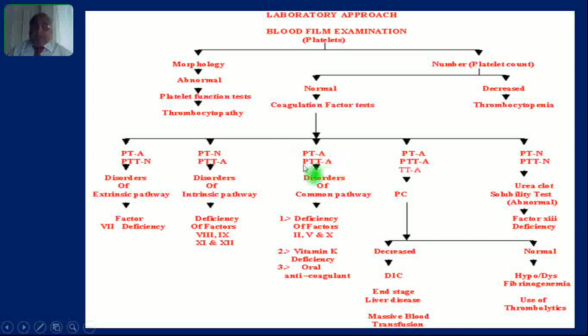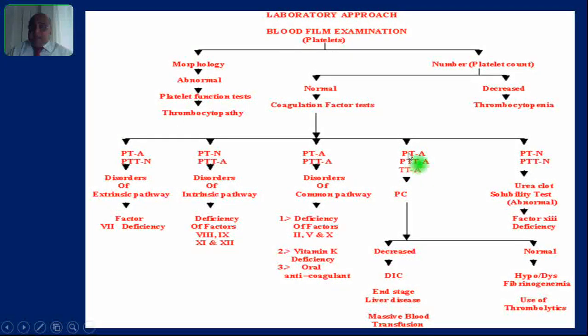If both PT and PTT are abnormal, we are assessing the disorders of the common pathway. So deficiency of factors 2, factors 5 and factors 10. So this happens also in vitamin K deficiency and those patients who are taking oral anticoagulants.